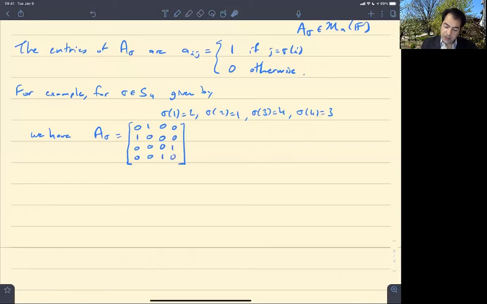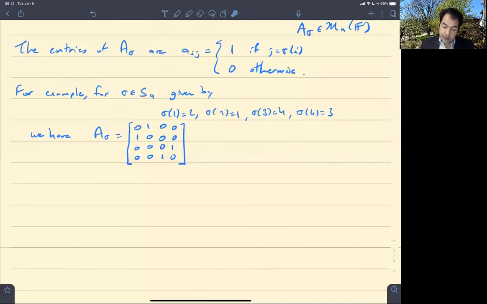Right? So a_ij is going to be 1 if j is equal to sigma of i, right? So since sigma(1) is equal to 2, then I know that I'm going to get a 1 when I have j equal to 2 and i equal to 1, right? So a_12 is equal to 1.